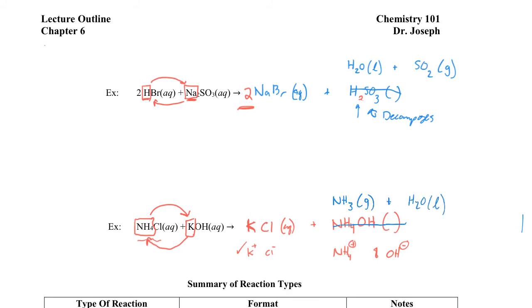That's one of our common gas decomposers. So it decomposes to a gas, which you will see as the symbol DG when you're in the lab doing double displacement on the chart. When you see that on the chart, that's one of the things that decomposes to a gas, and you just need to make sure that you know which gas it decomposes to, plus water. Okay, so we've got ammonia gas and water liquid and potassium chloride, which is aqueous.